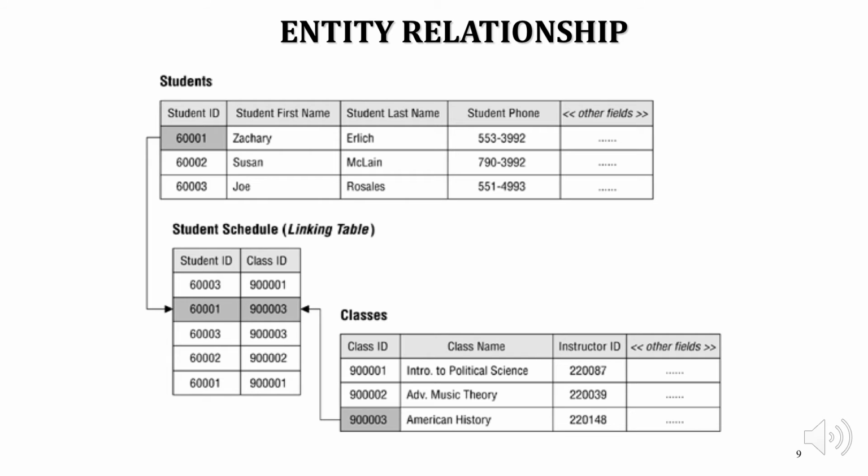Each table has a relation to the others. For the student with ID 6001, it links to the table of the student schedule, and the schedule also links to the classes table. So this is what we call the entity relationship.